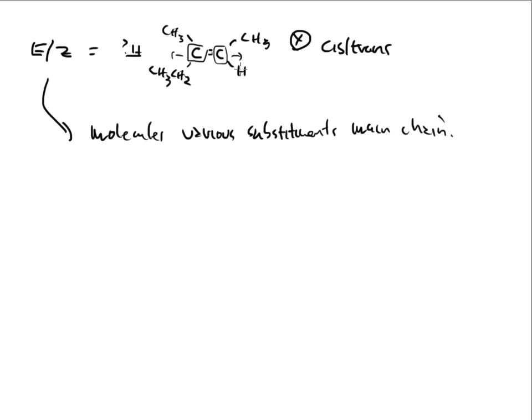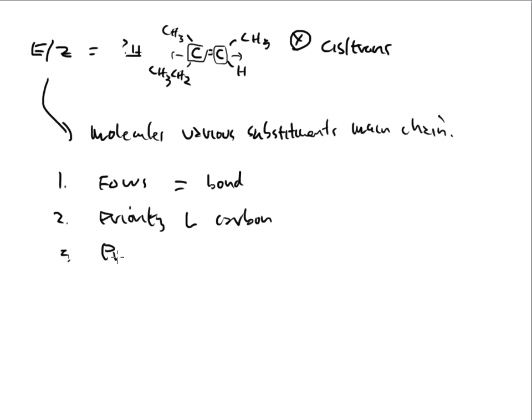So this is how we rank the groups that begin to appear. Number one, you're going to focus on the double bond, just like you did with cis and trans. We're going to look at those carbons and we're going to see what's on them. Number two, we determine the priority of the left-handed carbon. Which one has the highest priority?